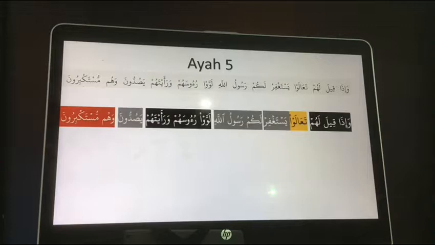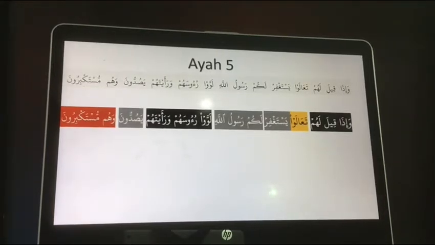Okay, yastaghfir lakum rasulullahi. So lakum rasulullahi, Brother Zubair. Lakum is jar majrur, yes, and Rasulullah is mudaf mudaf ilayhi. But the whole grey part, yastaghfir lakum rasulullahi, what do you see there? So yastaghfir means he forgives. Then he forgives for you.